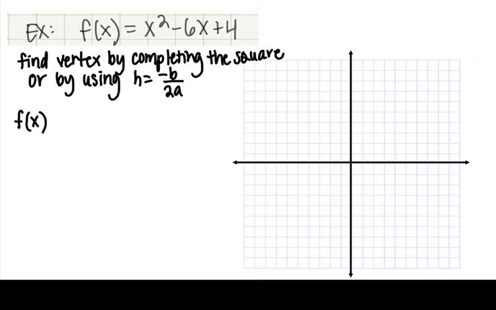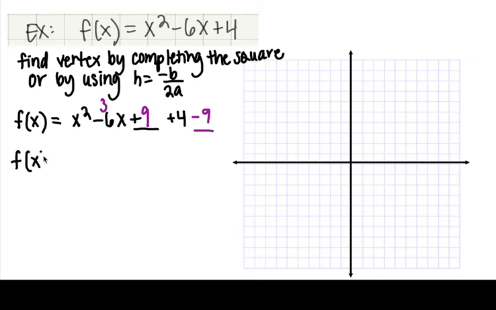F of x equals x squared minus 6x. I'm going to leave room to complete the square, and then I'm going to keep 4 on the same side of the equation. Half of 6 is 3. 3 squared is 9. I added 9, so now I have to undo that: add 9 and subtract 9, so that I zero out what I just did.